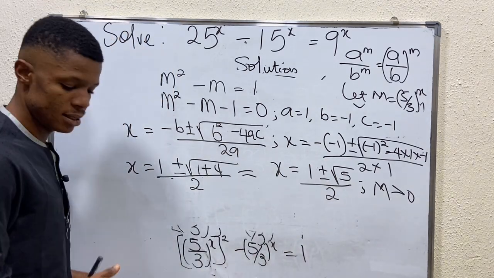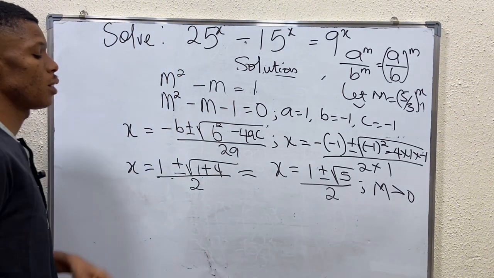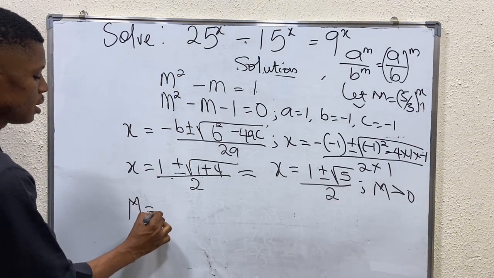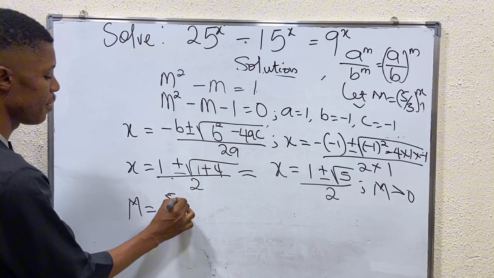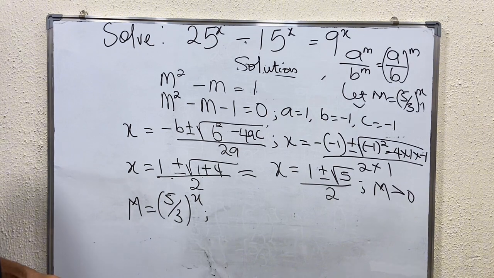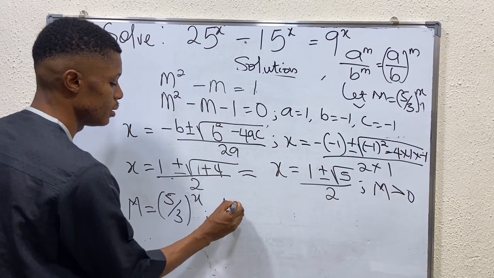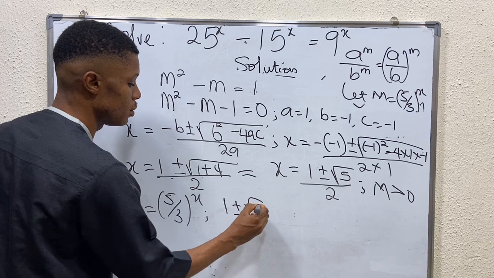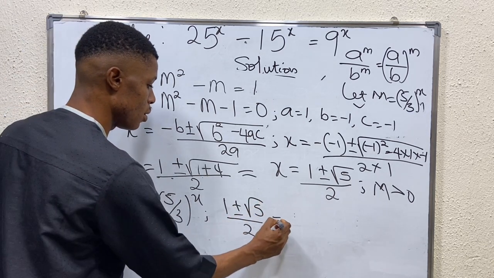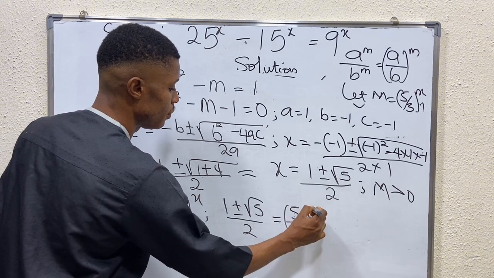So applying this here, since we defined that m is equal to 5 over 3 raised to power x, we can now have it that 1 plus square root of 5 over 2 is equal to 5 over 3 to the power of x.